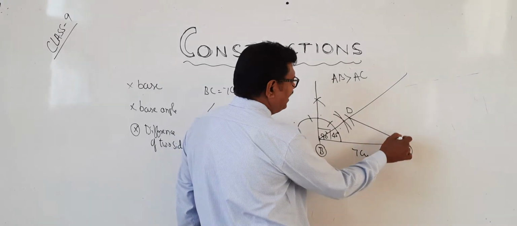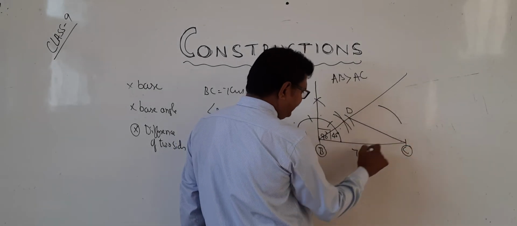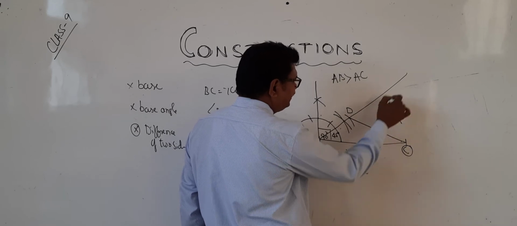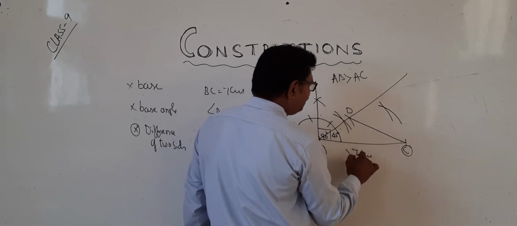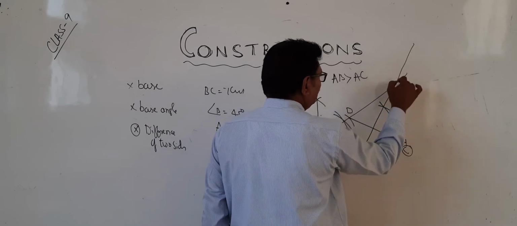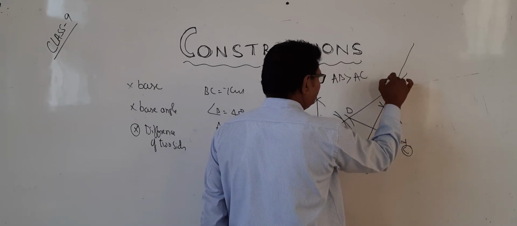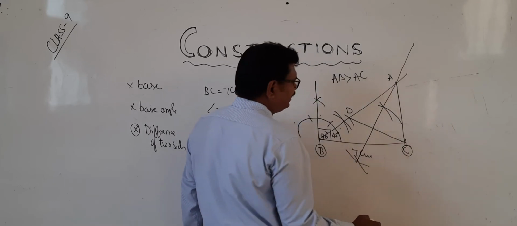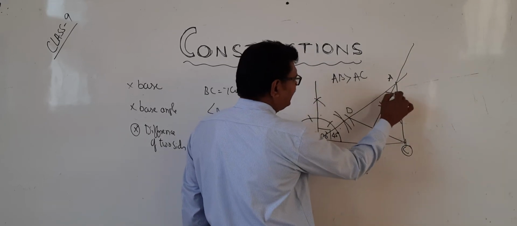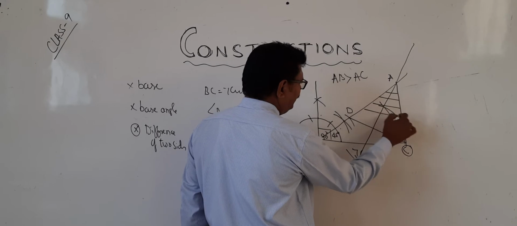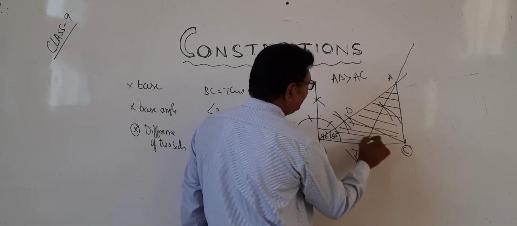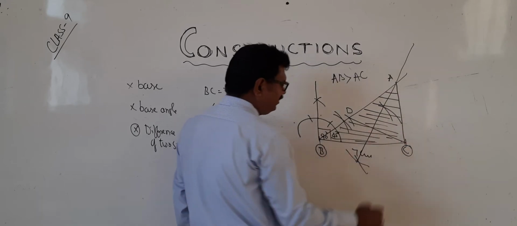Take more than half. Draw like this, draw like this. Cut like this and cut like this. Over. Where it will intersect, this is nothing but A. Now join. Therefore, ABC is the required triangle. You see?